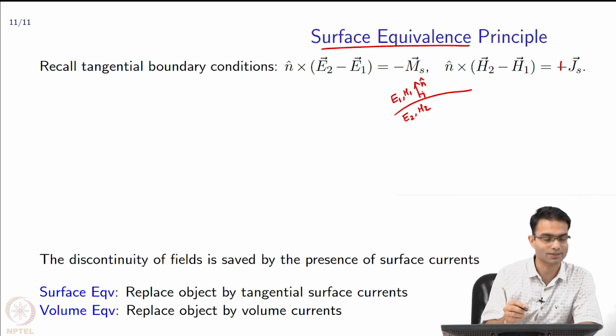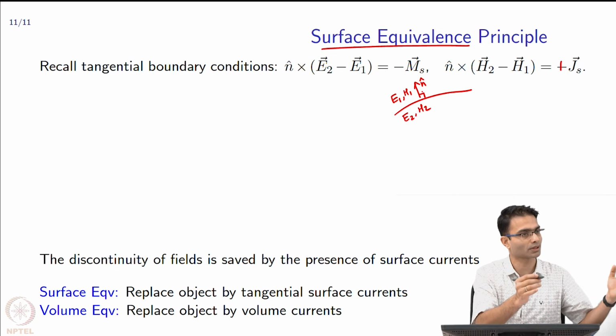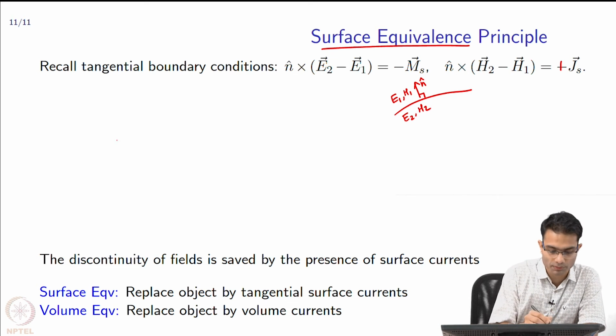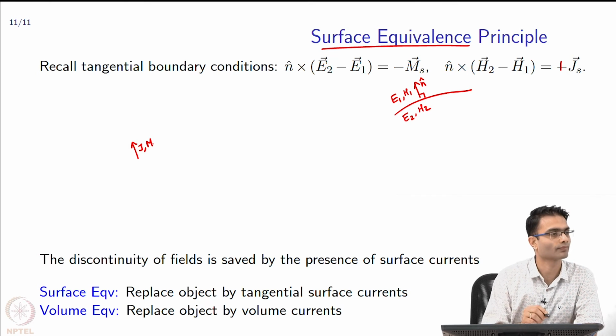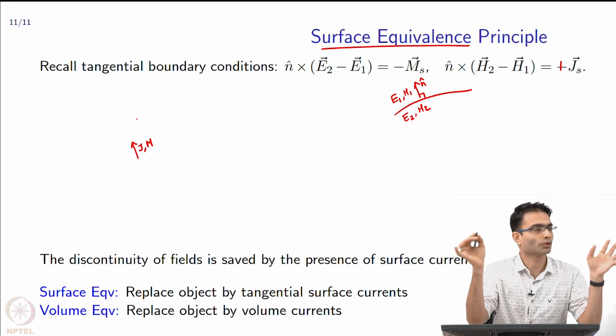Let's start with the real problem, the physical problem. Like earlier, we started with the physical problem and then converted it to an equivalent problem. So what is the physical problem over here? I have some current sources J and M, and they are radiating in some volume.